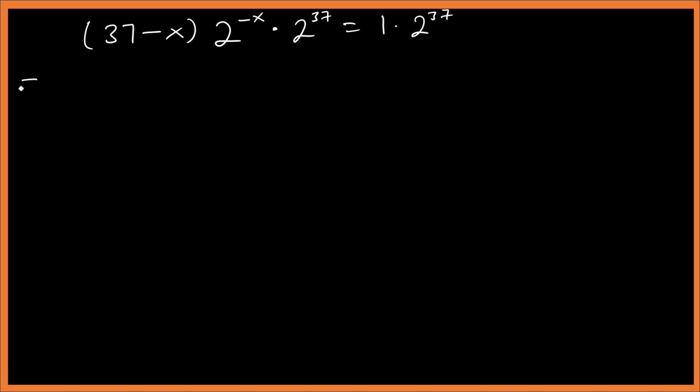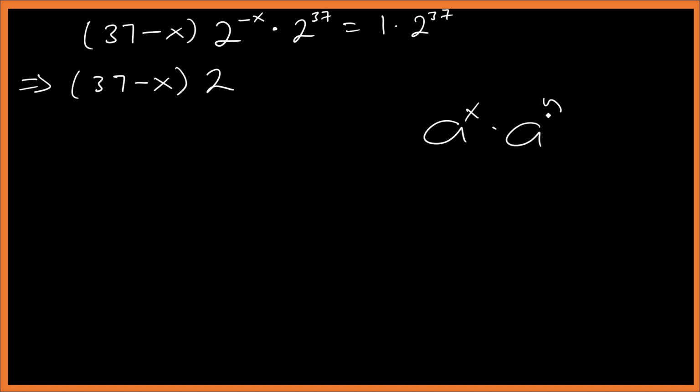Okay. So this one will give us 2 raised to 37 minus x. Now anytime we are given a exponent x times a exponent y, it is a exponent x plus y. So we add the powers. So we have 37 plus minus x, that will be minus x, equals 1 times 2 to the power 37.